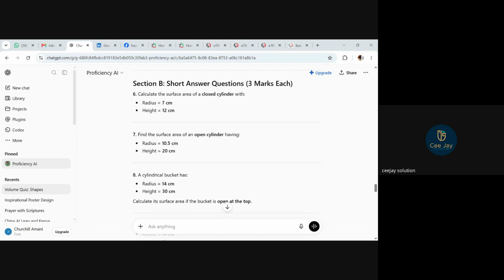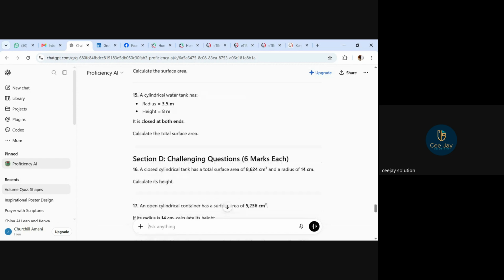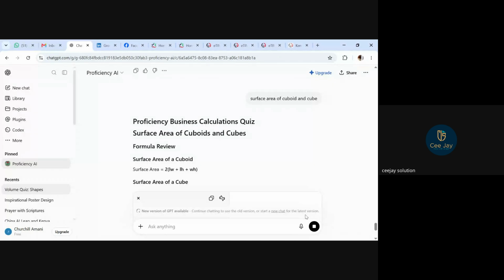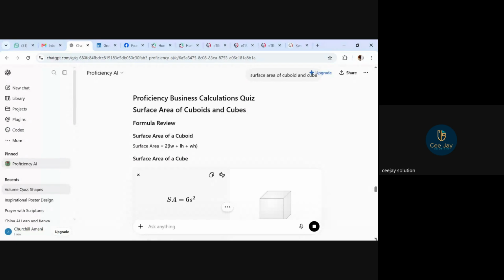Now, I want us now to go to surface area of a cuboid and a cube. Surface area of a cuboid or cube. This is the formula of finding surface area of a cuboid.